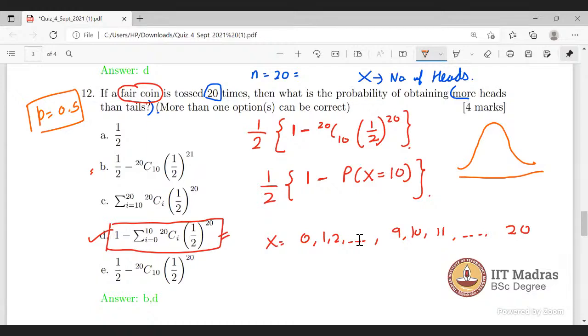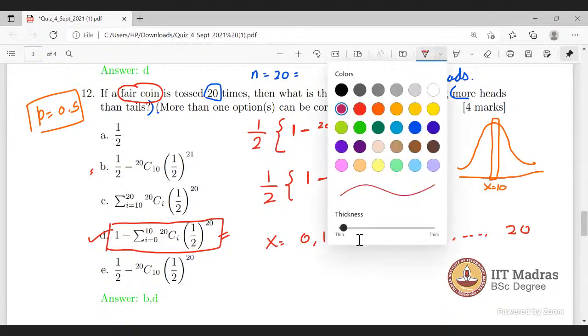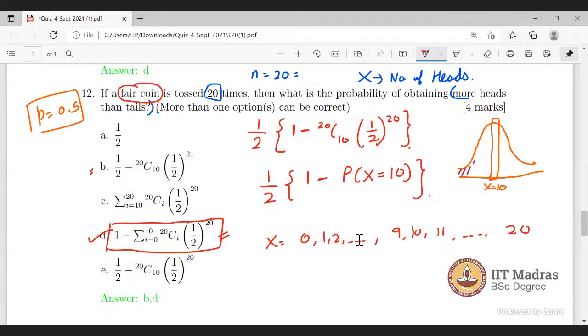This point would be x equals 10. So this area and this area should be equal. It means x taking the value 0 to 9 is the same as x taking the value 11 to 20.